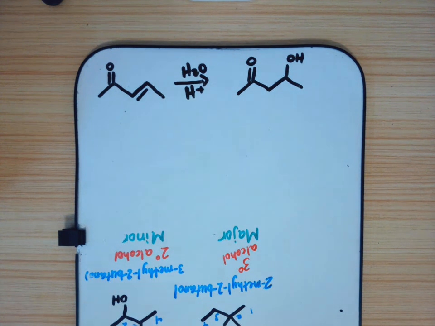So even though you may see a very small amount of the opposite carbon with the OH, this is going to give you your major product. So this is an exception to the rule when looking at hydration products. If there is a carbonyl group present and that alkene is right next to it, when that hydration reaction takes place, the hydroxyl moves to the carbon that is 2 carbon atoms away from the carbon of the carbonyl.